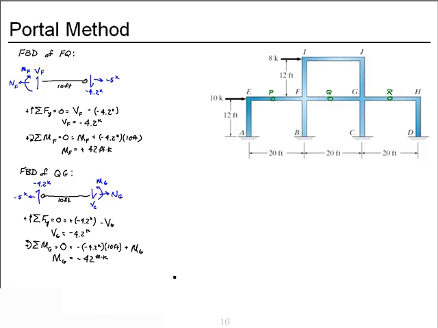So we can now use this information to construct a shear diagram for the beam from F to G. We saw that at the left end, F, we have a negative 4.2 kips shear.